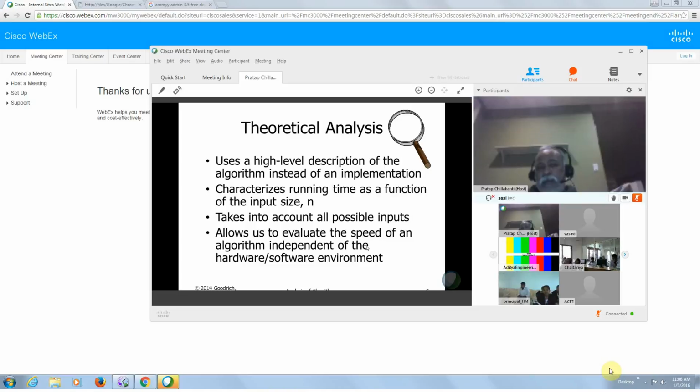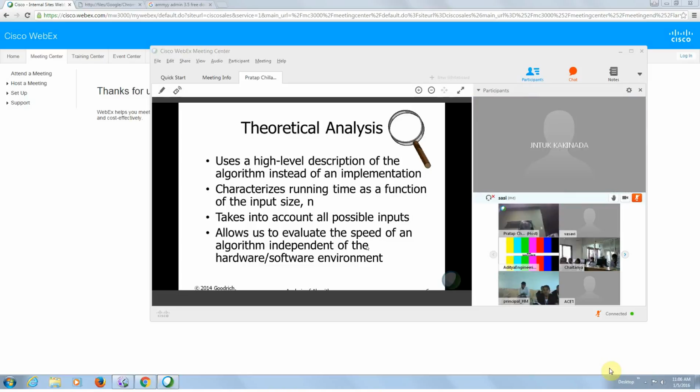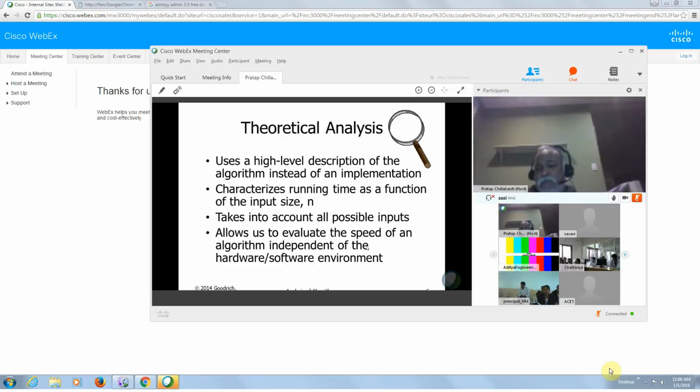So the time is gone, and time is money, right? I've just spent 3 days of valuable time, which translates to thousands of dollars, and then I figure out the algorithm is really, really bad. If I can do it at the design stage itself, I would save all the time, right? Pretty straightforward.